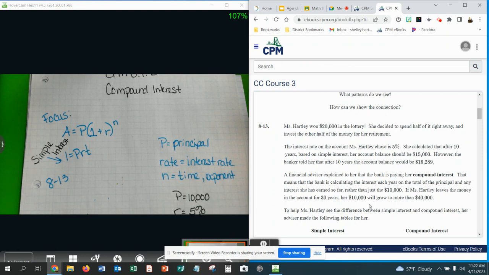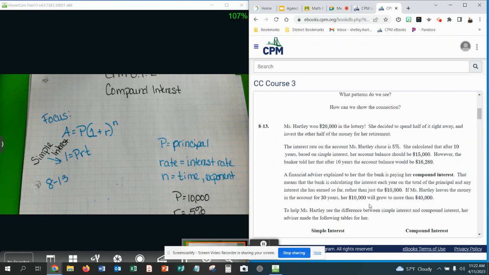She calculated that after 10 years, based on simple interest, her account balance should be $15,000. However, the banker told her that after 10 years, the account balance would be $16,289.